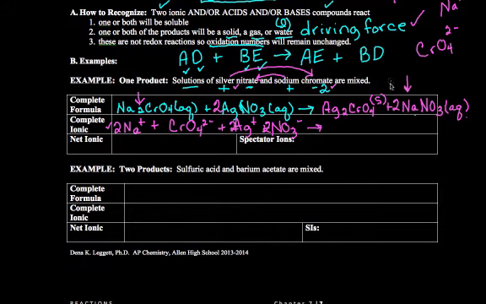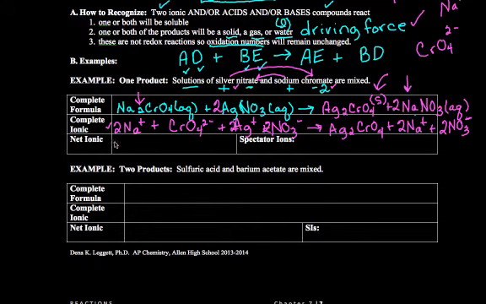Now I am not going to dissociate the silver chromate because it's a solid. We do not dissociate solids and weak acids or water. And then I'm going to get 2 sodium ions plus 2 nitrate ions. Now let's take a look. What is the good gossip at the party?